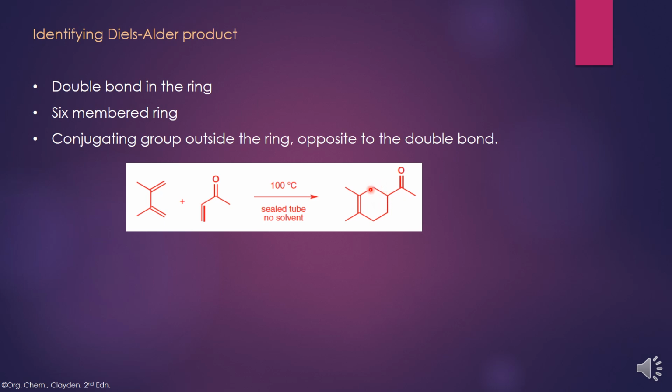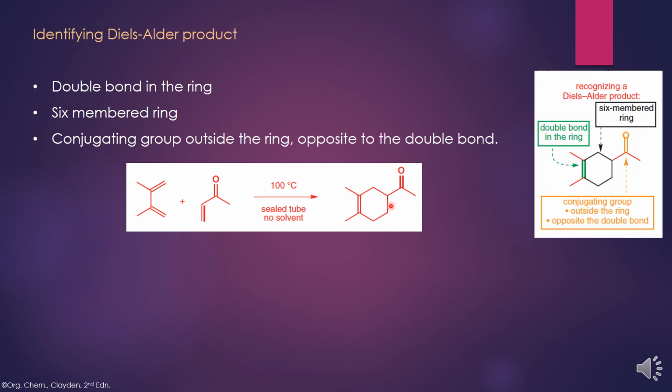Third, is there a six-membered ring? These are the key features for a Diels-Alder product: a double bond in the ring, plus a six-membered ring, plus a conjugating group outside the ring opposite to the double bond. These three features cumulatively identify a Diels-Alder product.